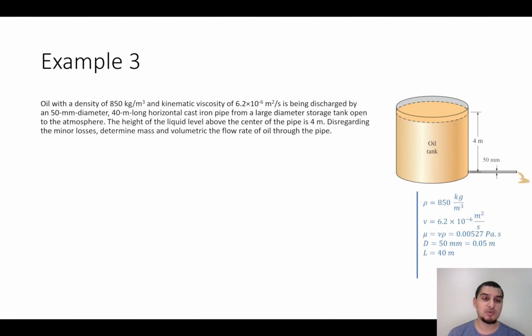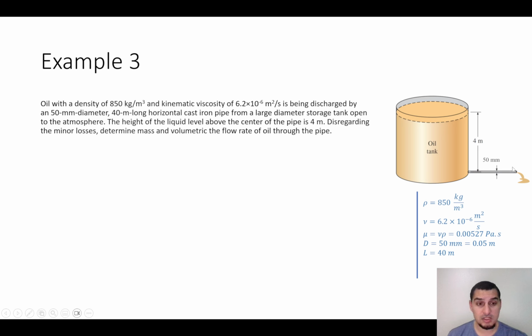So in this problem we have an oil tank that contains the oil. We know the density of the oil, the kinematic viscosity, and from them we can get the viscosity of the fluid. And it is discharged in a 50 millimeter diameter pipe, and 40 meter long.